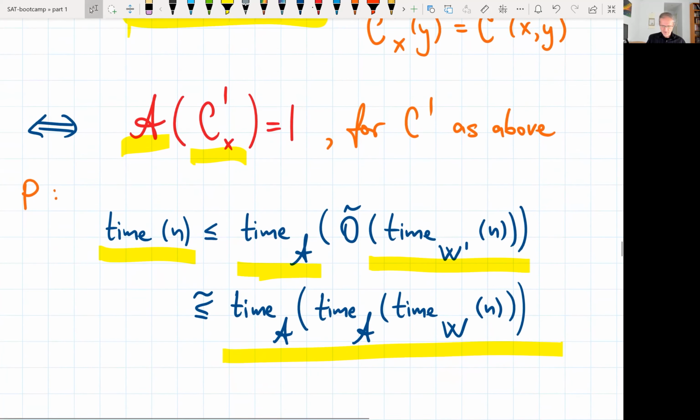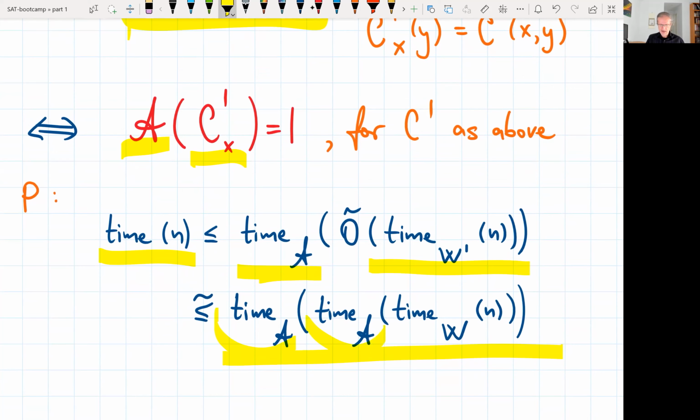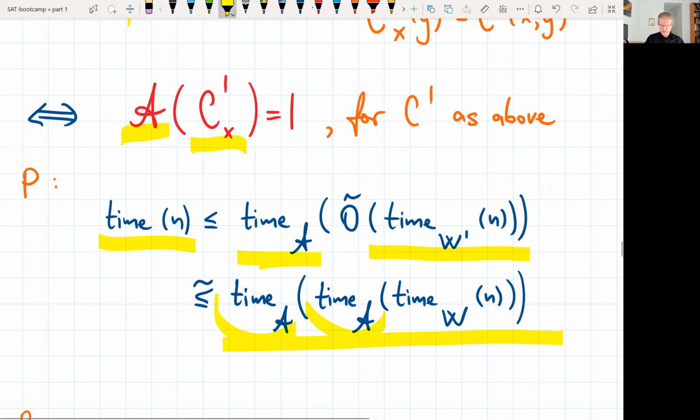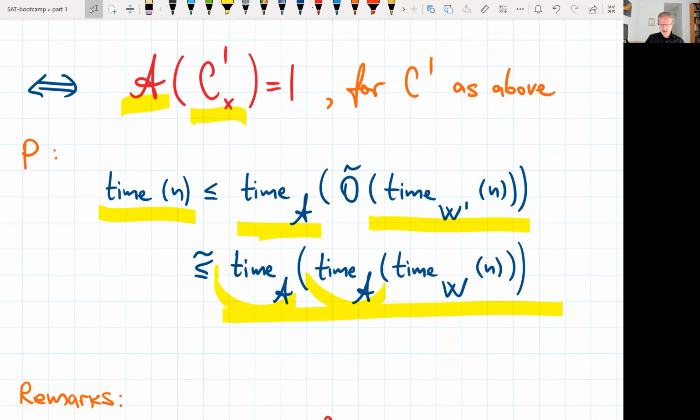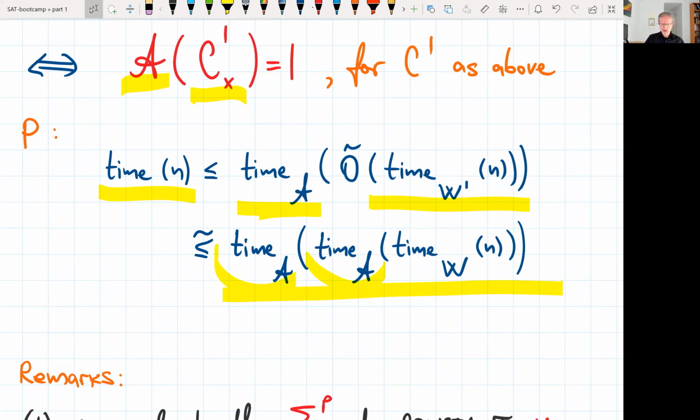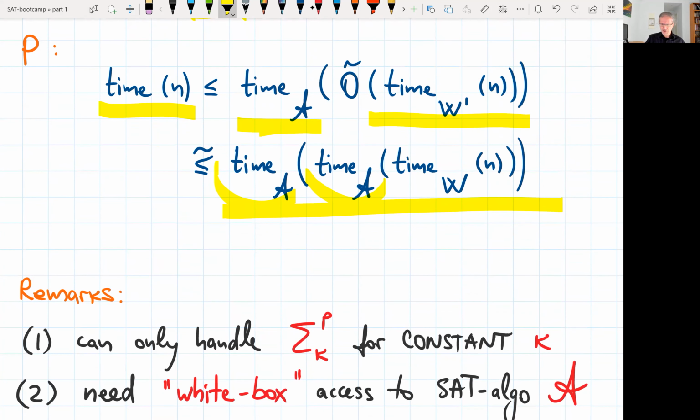So the point is that you have now composition of these SAT runtimes, which shows you that you can apply this kind of procedure only so many times, because you start with W here, which has polynomial time, and then you apply your SAT algorithm, which blows up this time by a polynomial amount, and then you apply your algorithm to this new blown up formula, get even bigger but still polynomial time.